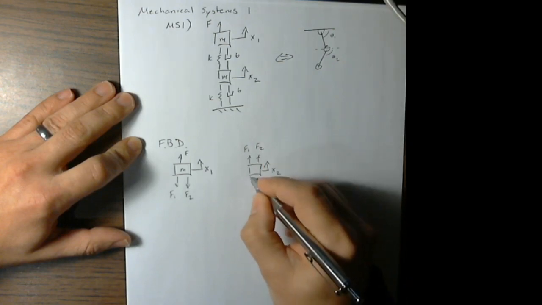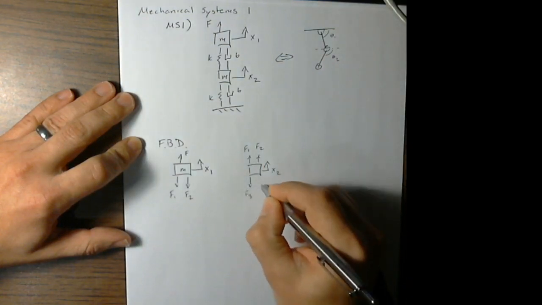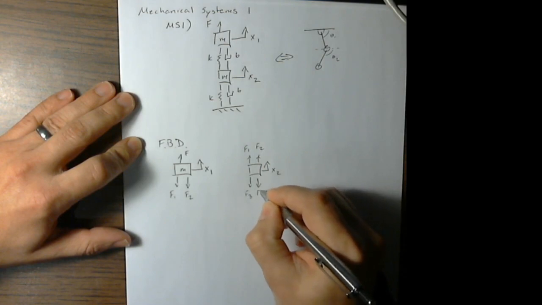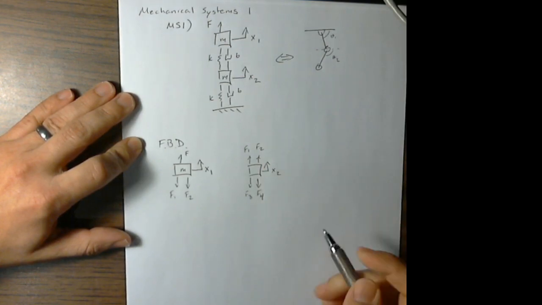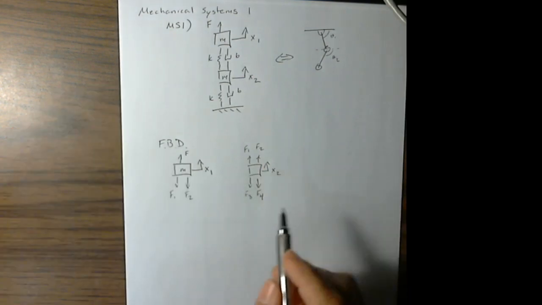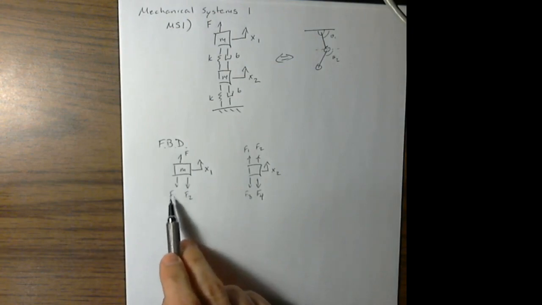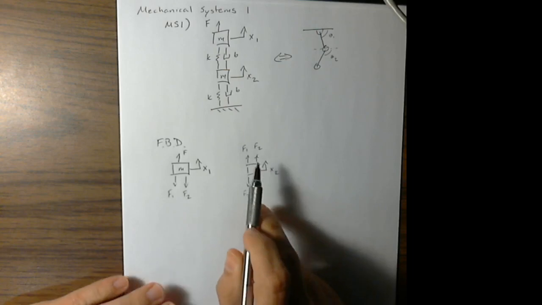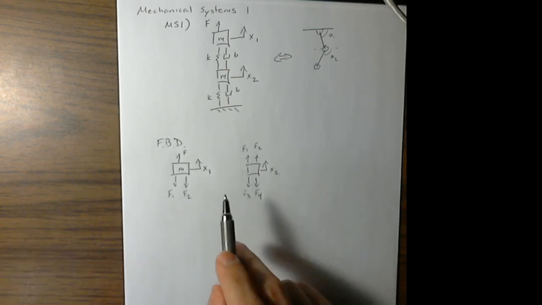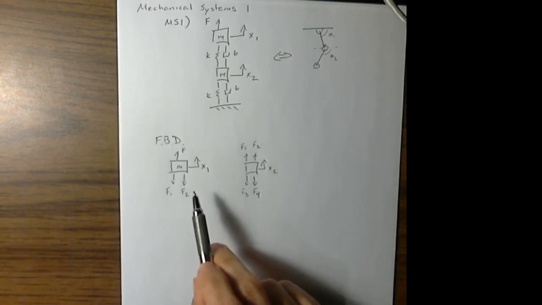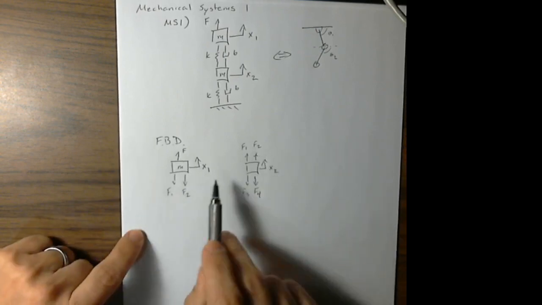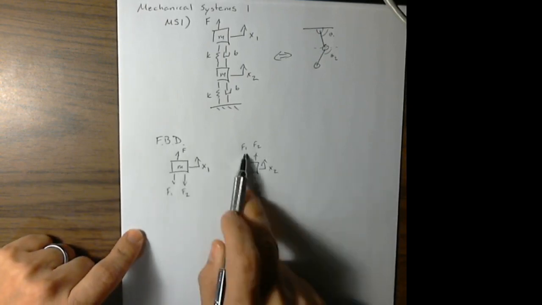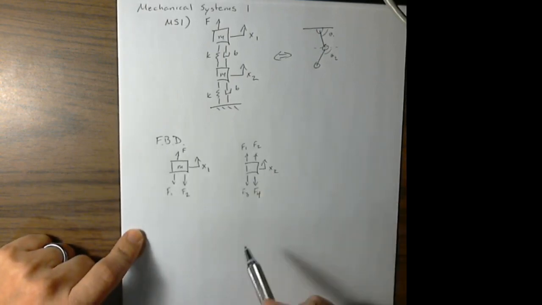And we're going to have an F3 and an F4. I'm just going to arbitrarily push them as down. Now, F1 and F2, you'll notice here, are in opposite directions. They have to be in opposite directions because, right, Newton's third law. So double check. Yep, that's okay.